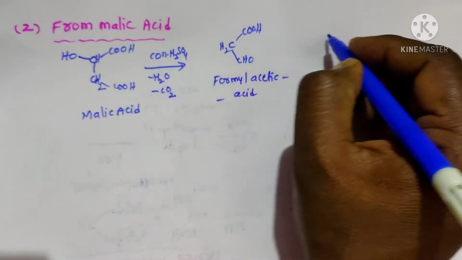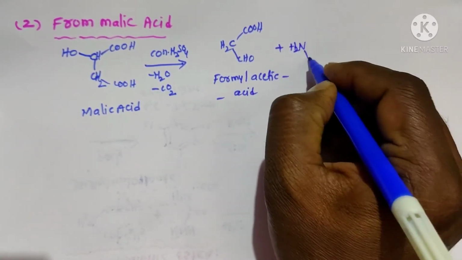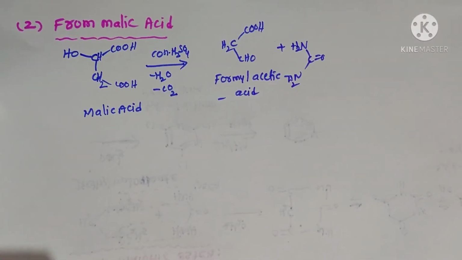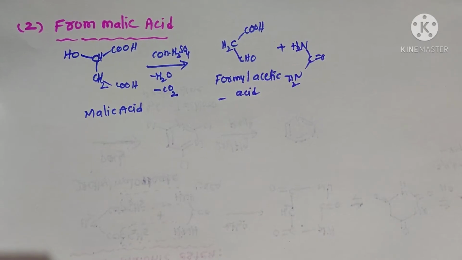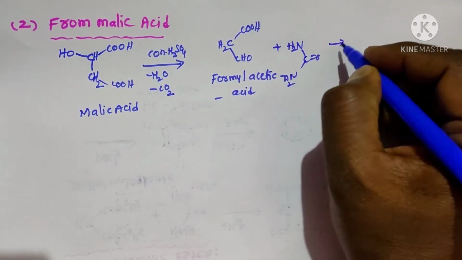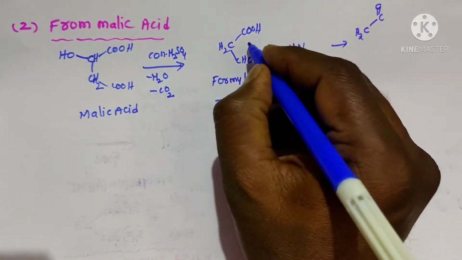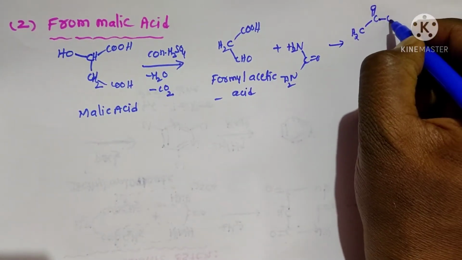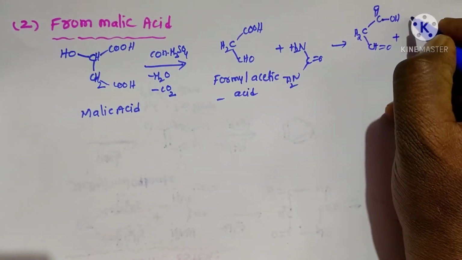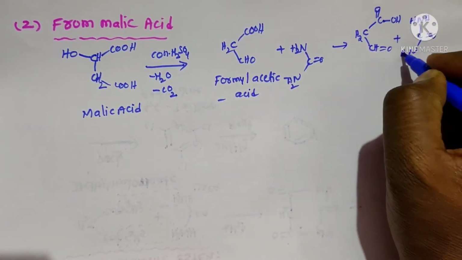If this formyl acetic acid is treated with urea, NH2CONH2, we get a condensed product. We write the product like this. Look here, CH2, C double bond. We write the acetic acid formula once again here, and we write the formyl group like this, and I write the urea once again, H C double bond O and NH2.